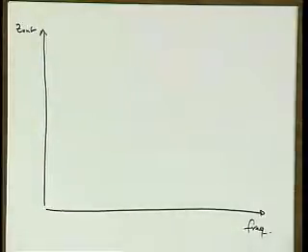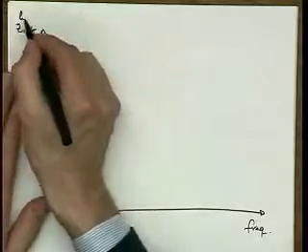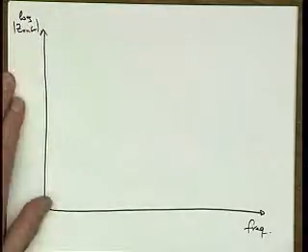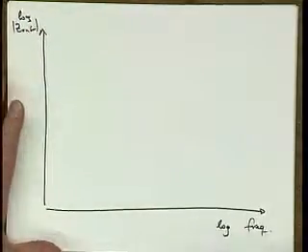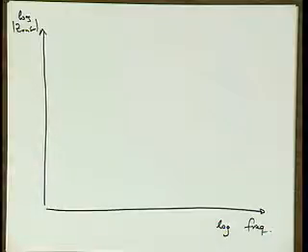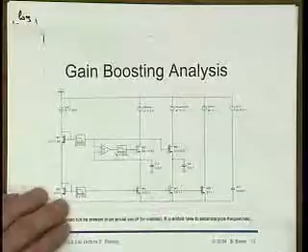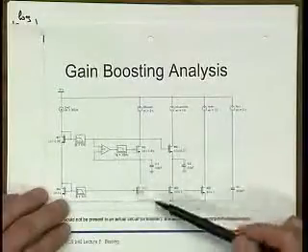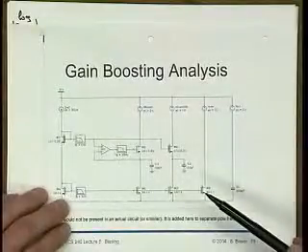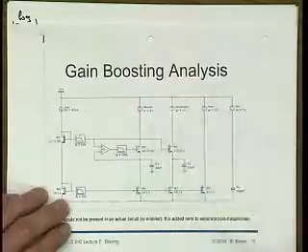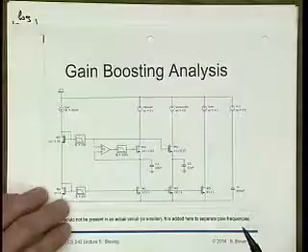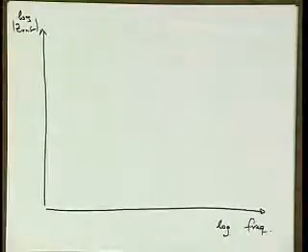We'll make this easy. These are on log scale, and this is, of course, absolute value, right? Our gain booster consists of just a simple current source transistor, a cascode on top of that current source transistor, and a gain booster on top of that. So we'll handle one at a time. We'll start.